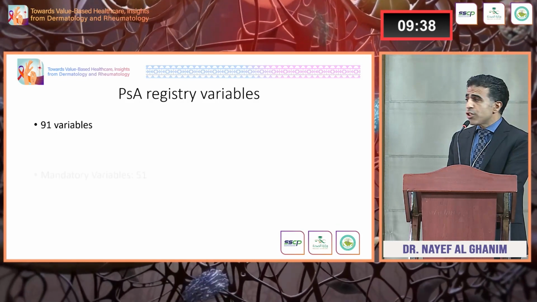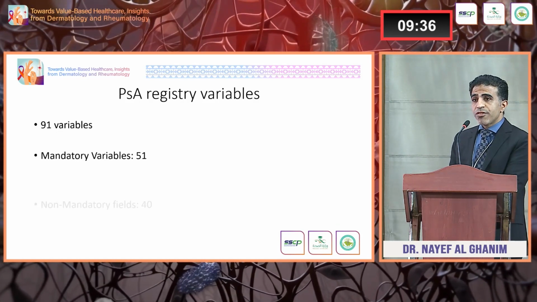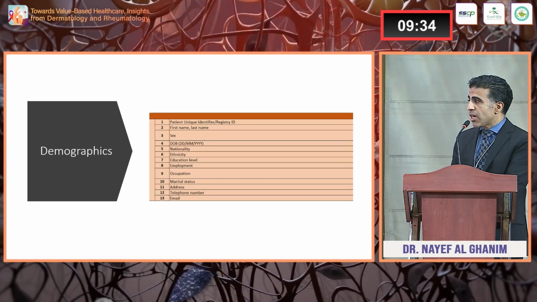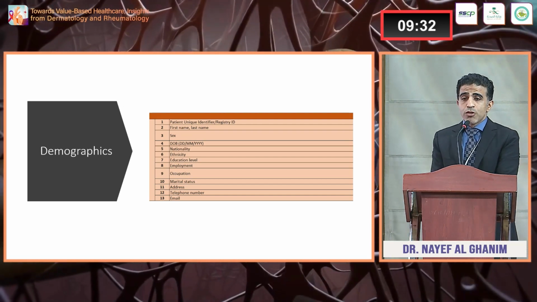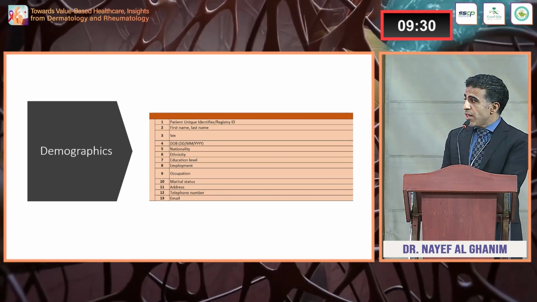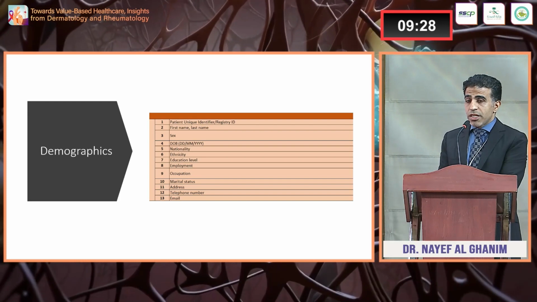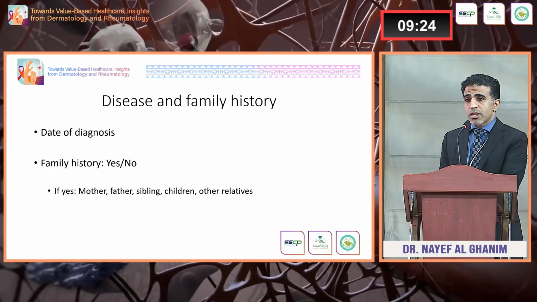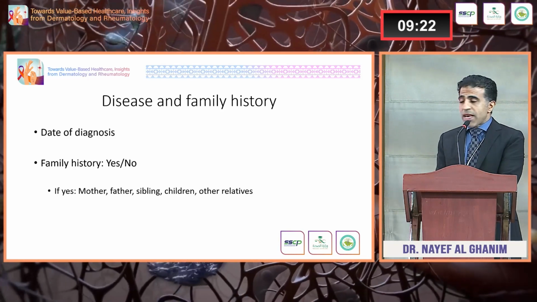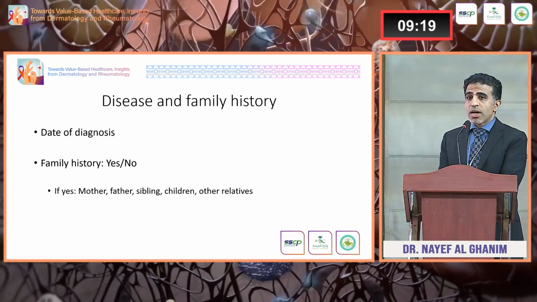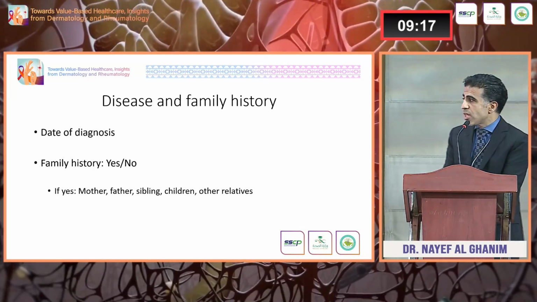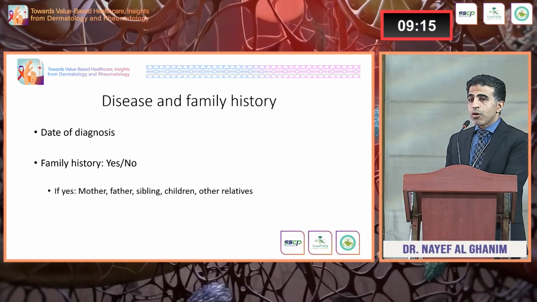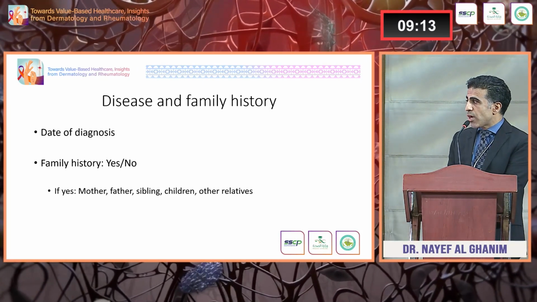So in the registry, there will be 91 variables, 51 are mandatory and 40 are non-mandatory. In the demographics, you will have to enter the phone number and email in addition to other information. Then you will be asked to enter the psoriatic arthritis date of diagnosis. You'll be asked about the family history of the patient, and whether it's first-degree relatives or others.